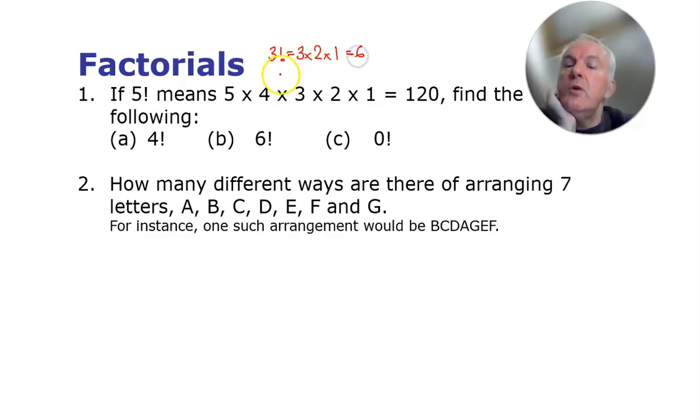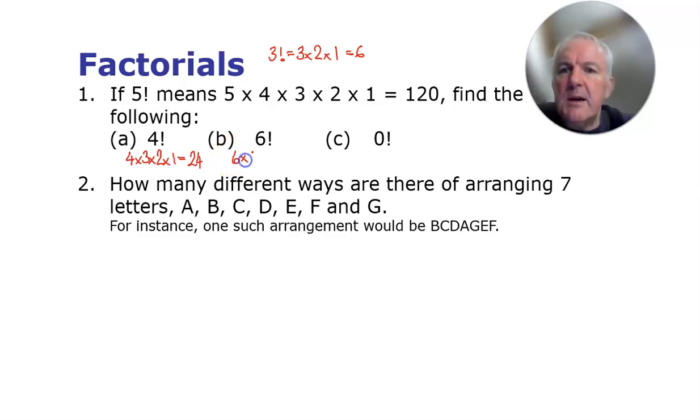You're meant to know factorial notation, and you've probably seen it already, but there it is, just to make sure. 4 factorial is 4 times 3 times 2 times 1, which is 24.